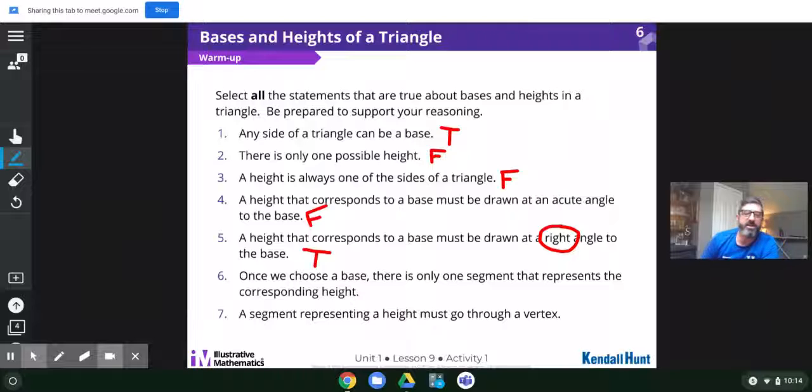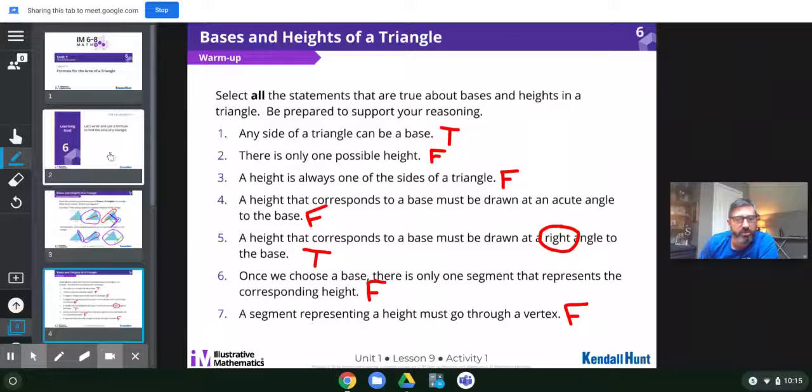Now, we talked about that previously in number 2, so we know that that is false as well. Number 7, a segment representing a height must go through the vertex. Well, we know that's false too, but as I said, I always encourage you to draw that line through the vertex or the corner whenever possible. It just makes it so much simpler.